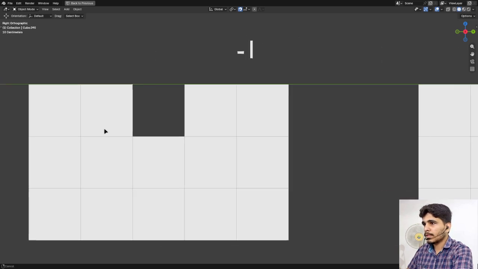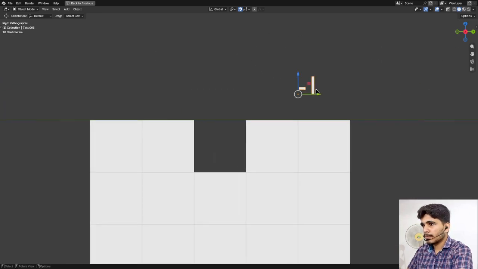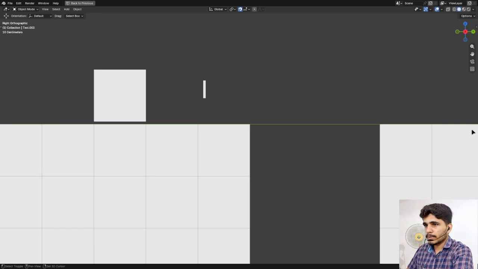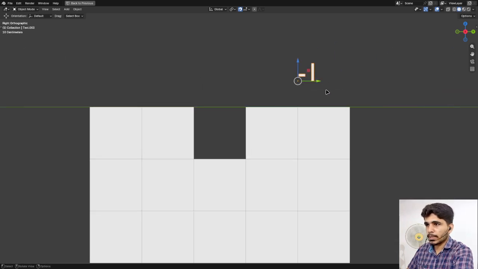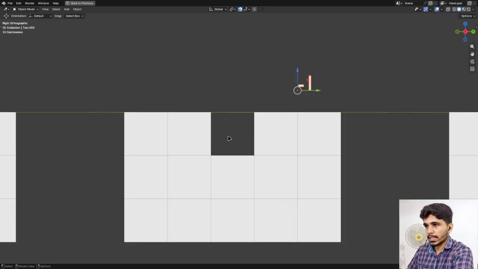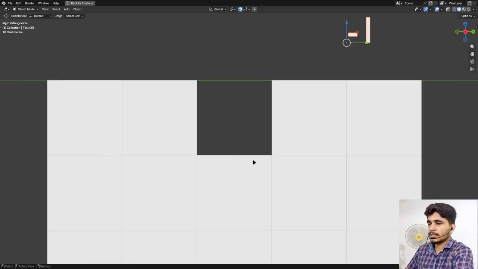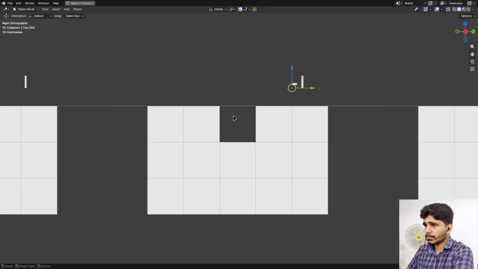And now here we have -1, which means of course we are doing the reverse of adding a cube, which is removing a cube. Because of this minus sign, we are removing one cube from the ground, and that's how we go one unit down. If this ground surface is zero, then this surface should be -1 unit.